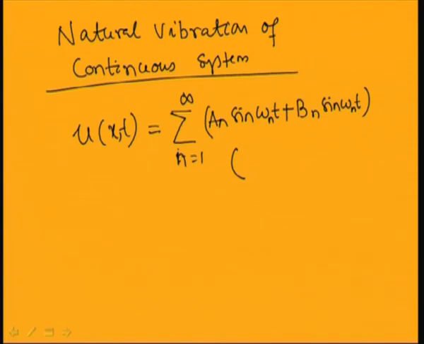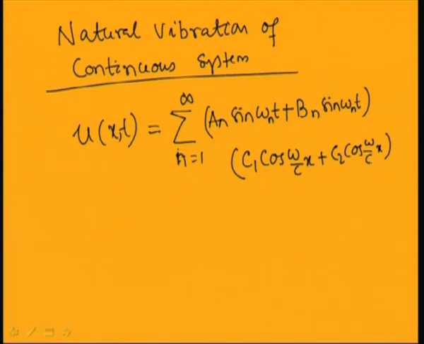Let me write the mode shape: it is equal to C1 cos omega by C x plus C2 sin omega by C into x. This way you can write the generalized solution of the system.